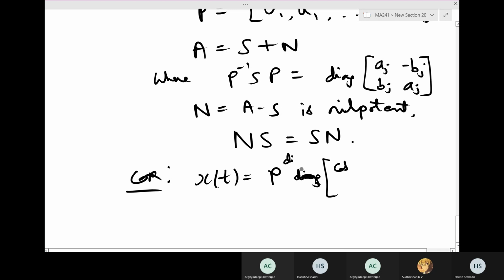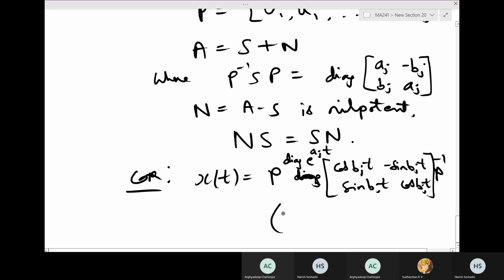So diagonal e to the AjT and cos BjT, minus sin BjT, sin BjT, cos BjT, and then you put the P inverse and then multiply by the exponential of N, which is I plus tN, up to t to the k minus 1.